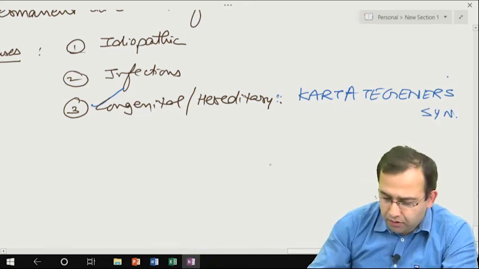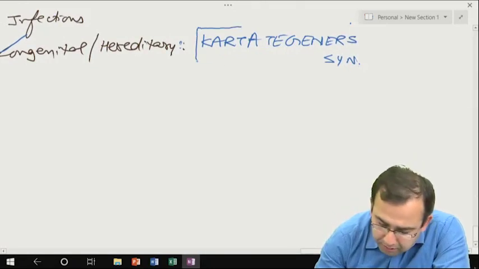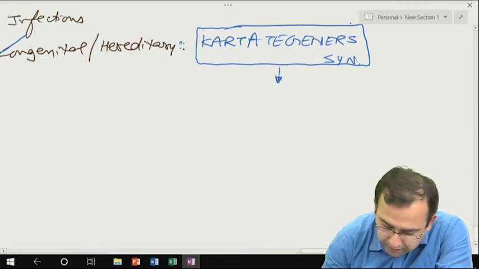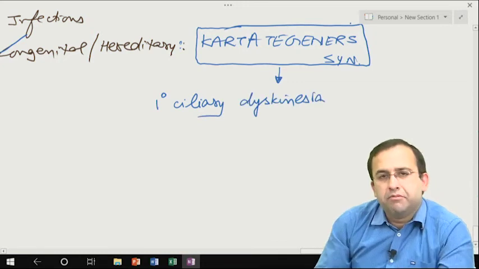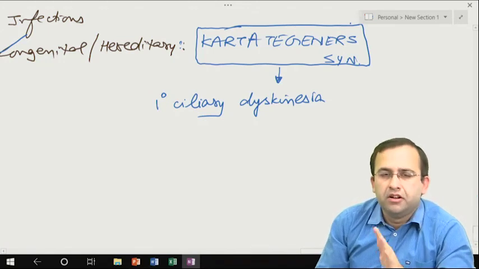Kartagener's syndrome is primary ciliary dyskinesia. Primary ciliary dyskinesia means there is a problem in the motility of cilia primarily.